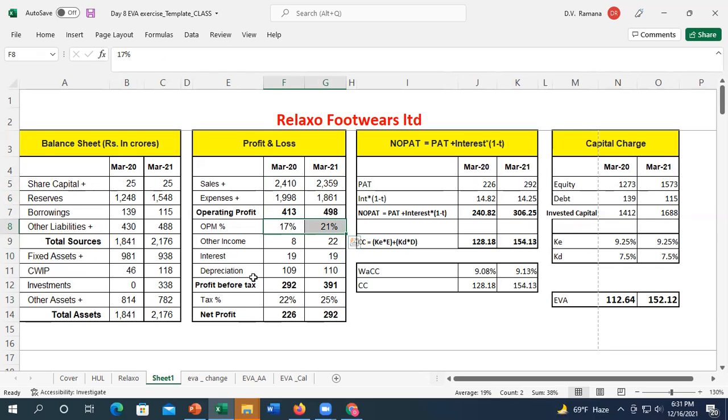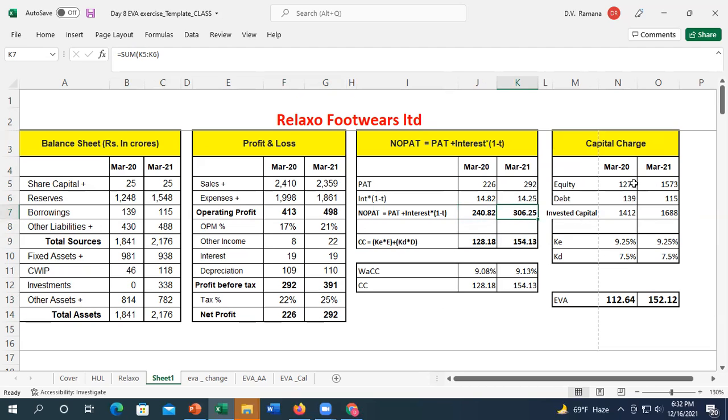They've always been increasing profits, not just by increasing the revenue, but by managing the cost. And we know that Relaxo has also been positioning the product more as a low-cost product, though they have some premium brands. So this is the NOPAT. The NOPAT of the company increased from 250 crore to 306 crore.